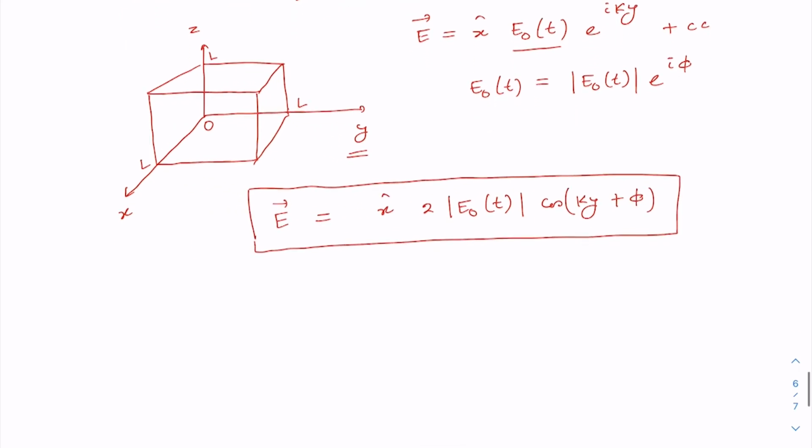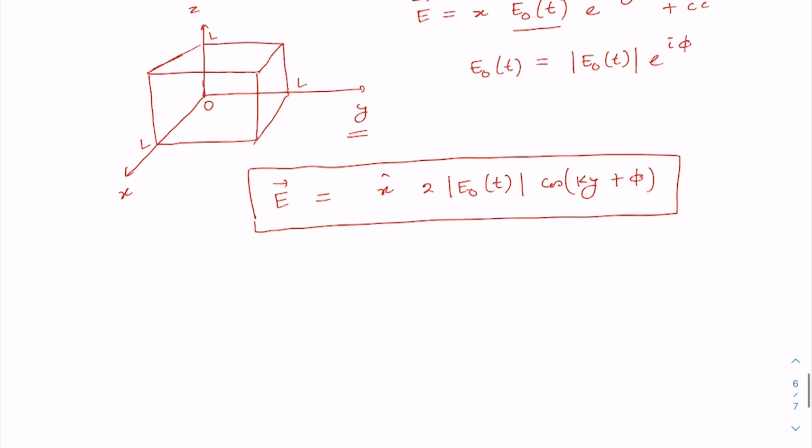Now we are considering a traveling or propagating wave. For a propagating wave, it's going to satisfy certain boundary conditions. For example, the electric field at this wall, here and here, actually this is valid for all other directions.